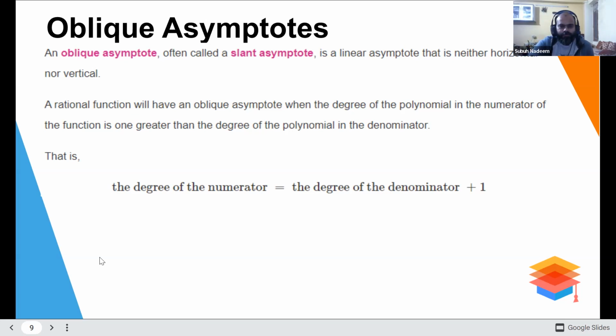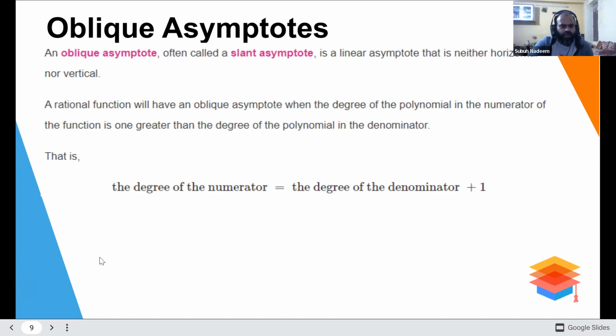So would it be when the graph is linear? No. When an oblique asymptote of a function is possible, it is only when the degree of the numerator is one greater than the denominator.